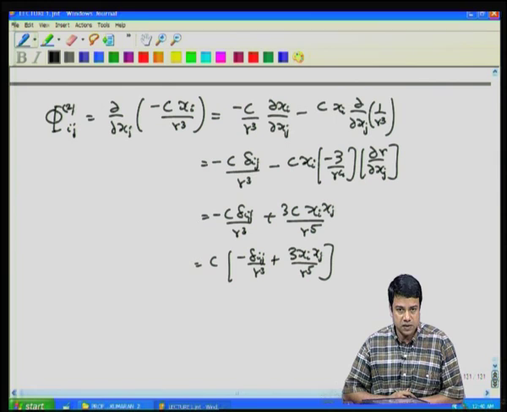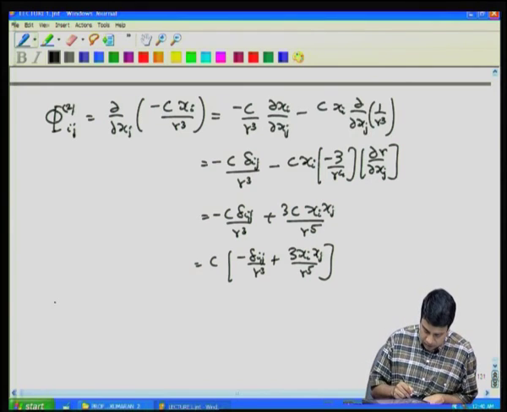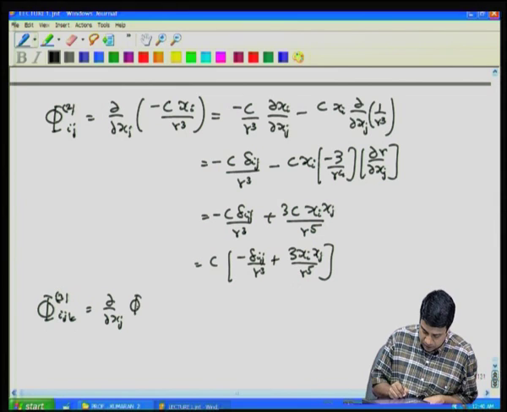I could do this once more and get a next higher order tensor. I will not go into the details of how the calculation is done, but the next tensor is equal to delta by delta x_k of phi 2. I am sorry, I should take x_k.